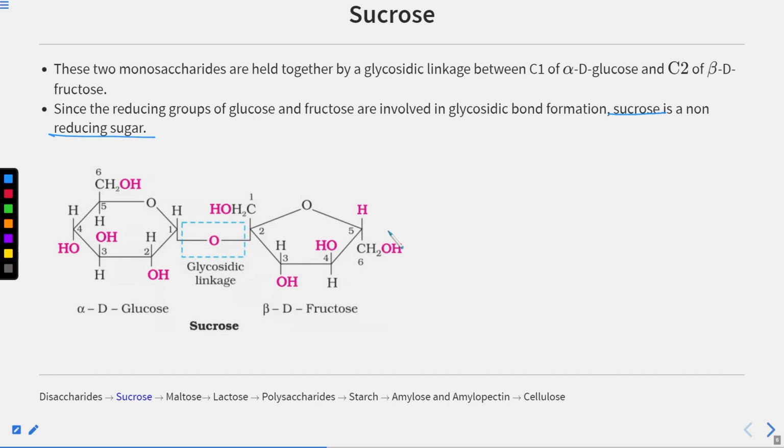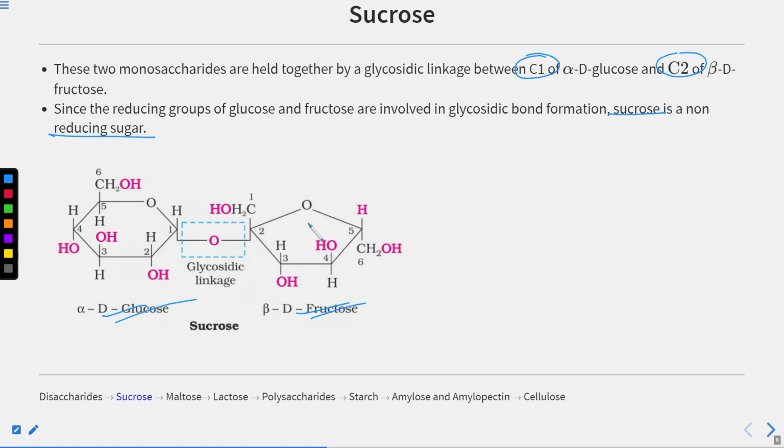I would make two statements here. First of all, sucrose is made up of alpha D glucose and beta D fructose, and second, it is a non-reducing sugar. And one more important point, the linkage that is formed between these two monosaccharide units is between the C1 and C2 carbon. Now how are we saying C1 and C2?